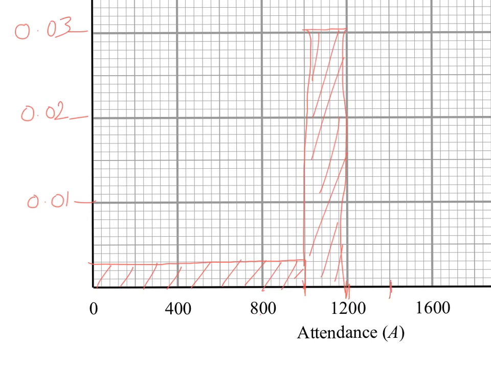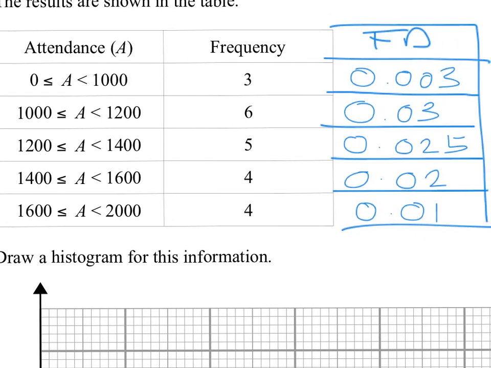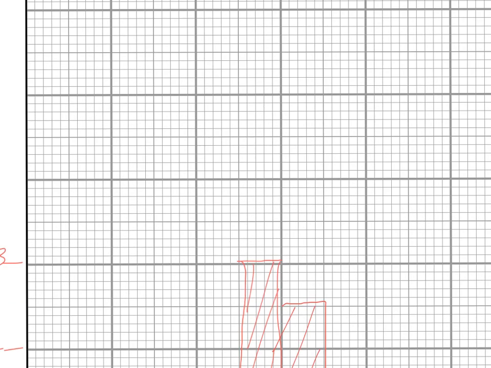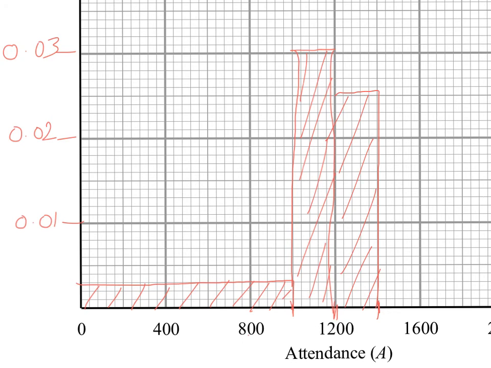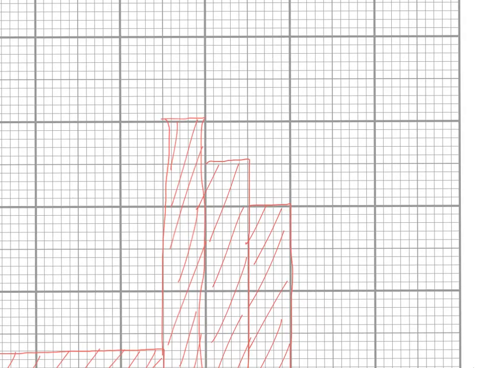So it's that wide, approximately there. 1400 to 1600, 0.02, so that's that. And then the last one is 1600 to 2000, 0.01.